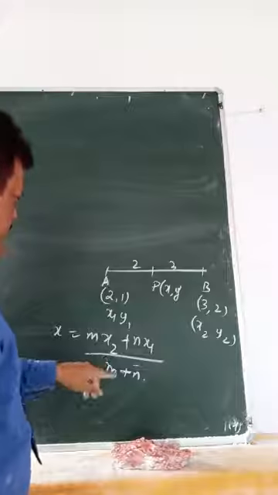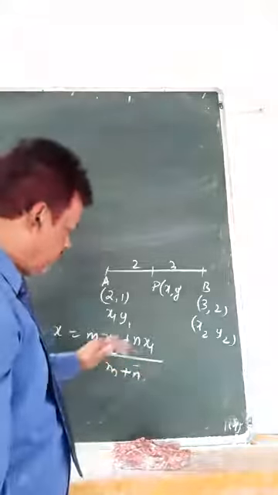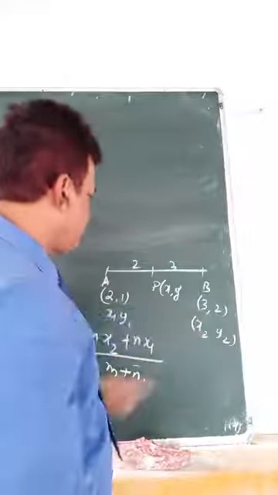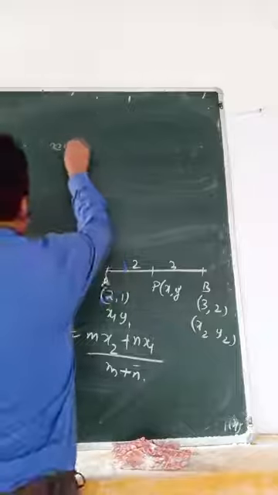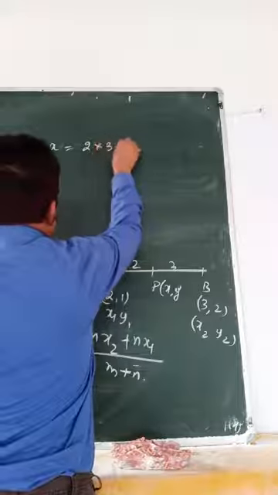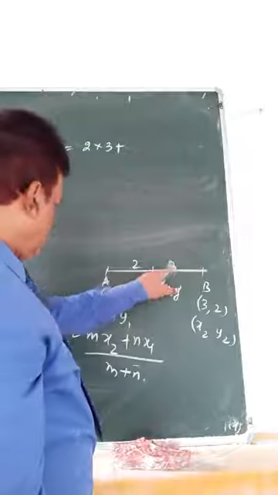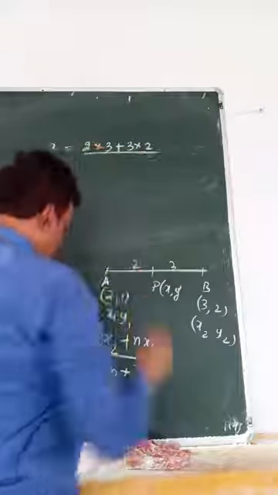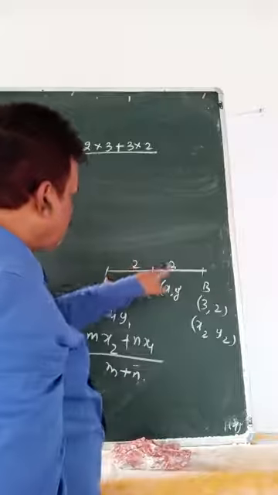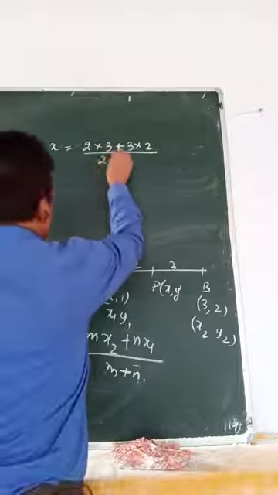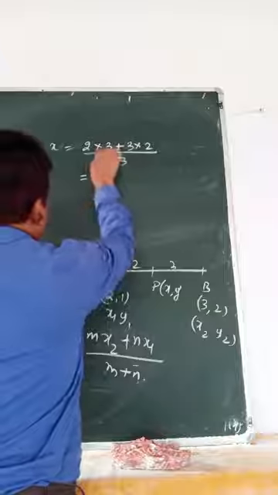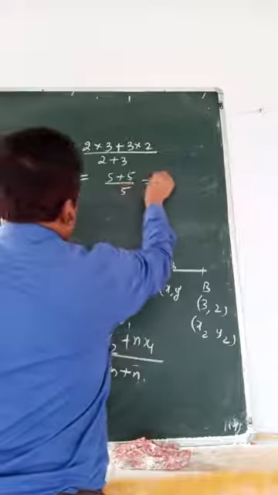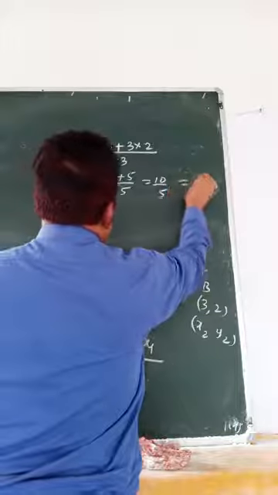If you don't remember the formula also, you can write 2 into 3 plus 3 into 2 by m plus n, 2 plus 3. This is 5, so 10 by 5, that is 2.